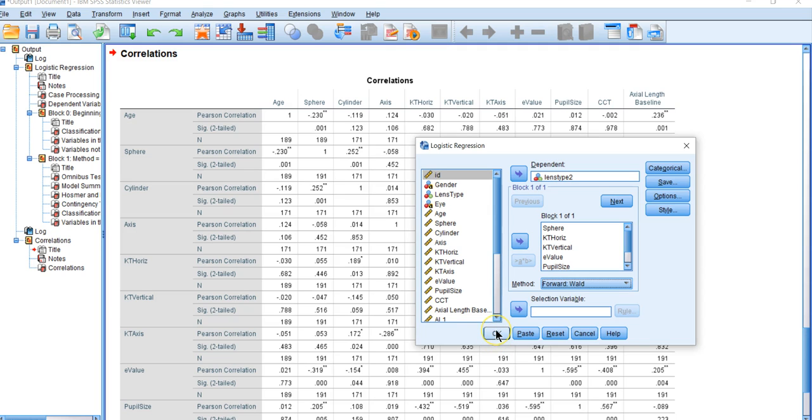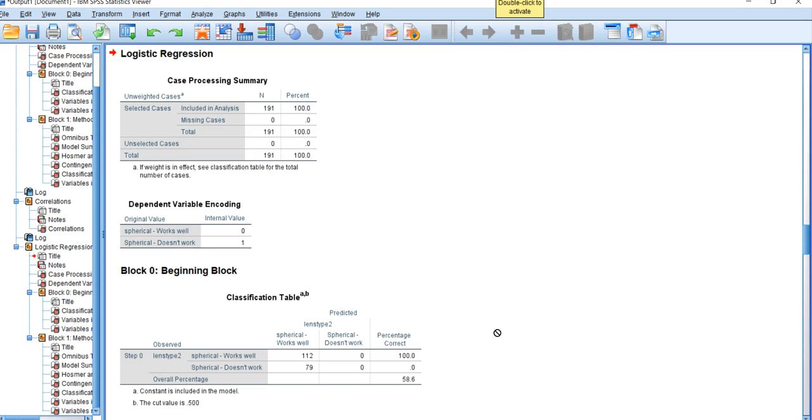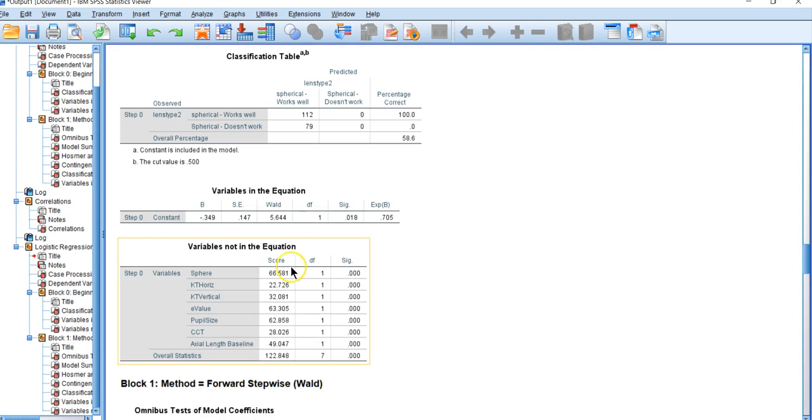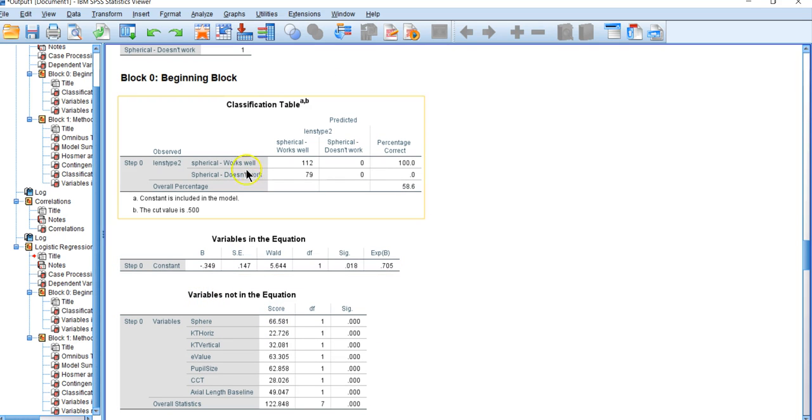What that's going to do is look at everybody as we go through. First of all, in this first equation, this is block 0, nobody is entered in the equation. It's just straight out.